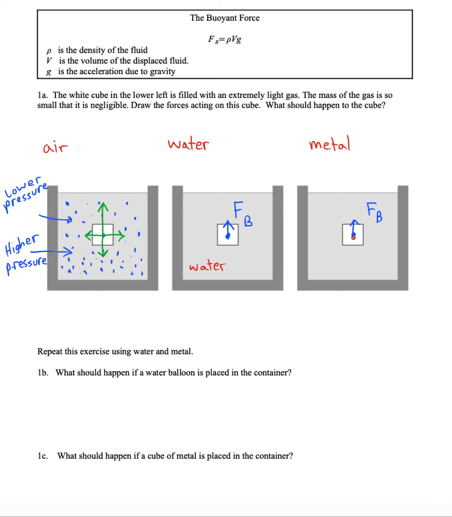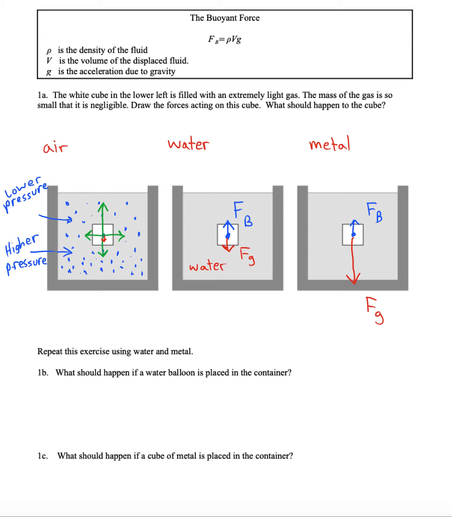Well, the metal is going to have the largest downward gravitational force. The water, however, will have a downward gravitational force that is equal and opposite to the buoyant force. And air, well, let's say that doesn't have much of a downward force at all.